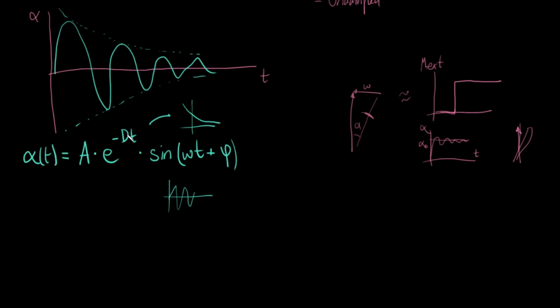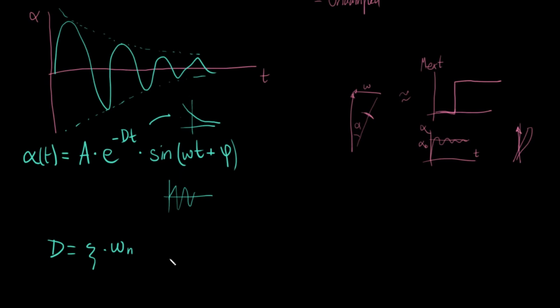And d is the inverse time constant, and d is equal to the damping ratio times the natural frequency. And the d, which is the inverse time constant, is going to tell us how fast this is damping.